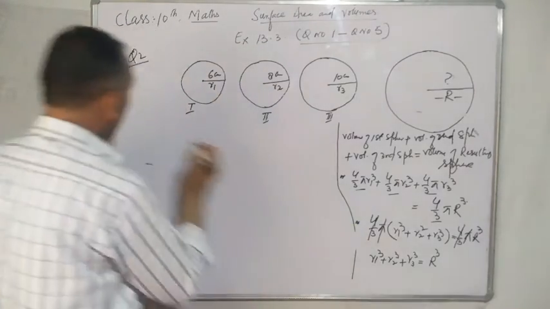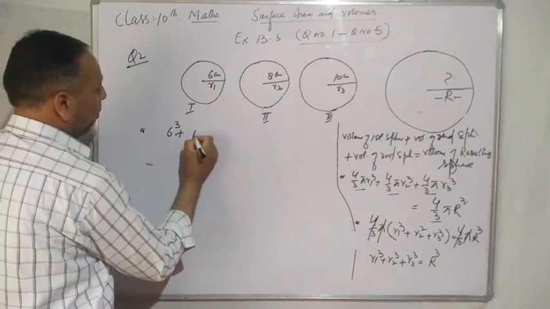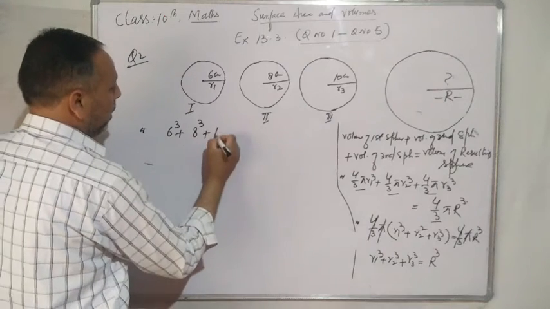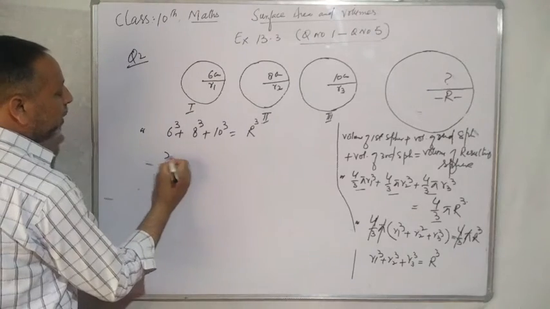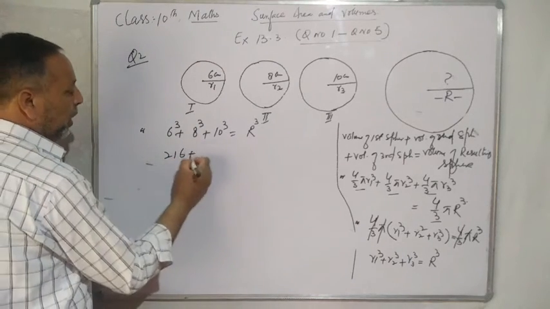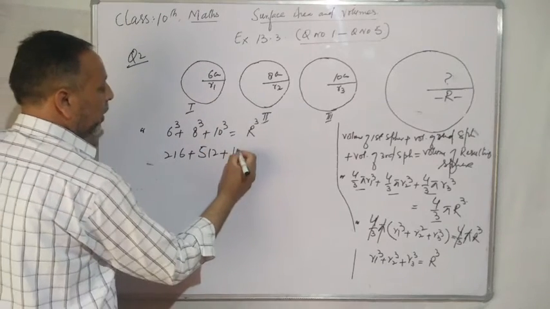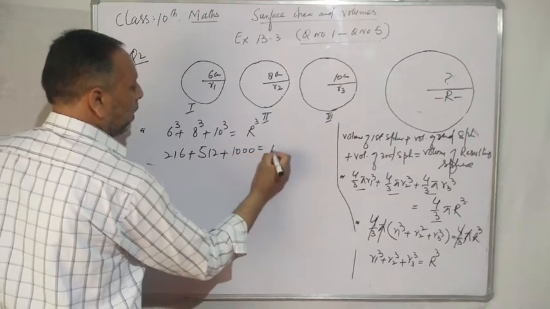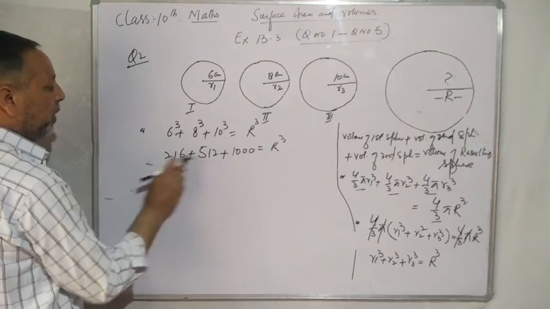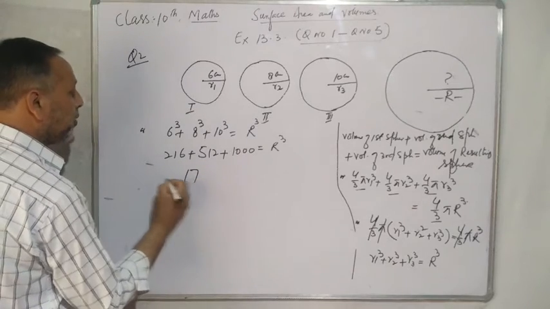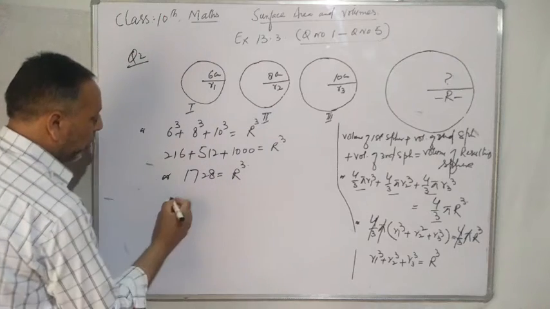Now r1 cube, r1 is 6 means 6 cube, r2 is 8 means 8 cube, r3 is 10 means 10 cube is equal to r cube. 6 cube, 6 into 6 into 6 is 216. 8 cube, 8 into 8 into 8 is 512. 10 cube, 10 into 10 into 10 is 1000, is equal to r cube. 1000 plus 512 plus 216 is 1728, equal to r cube.